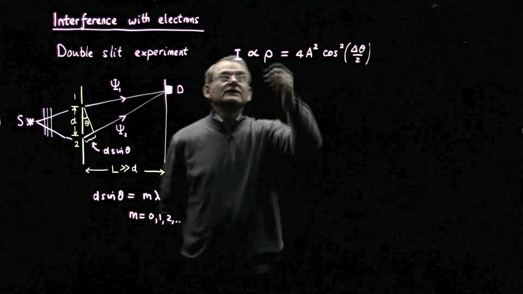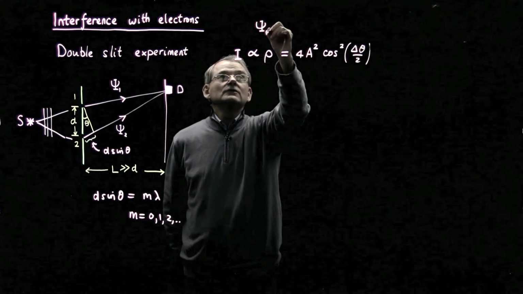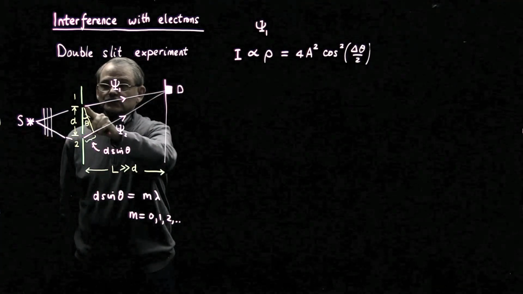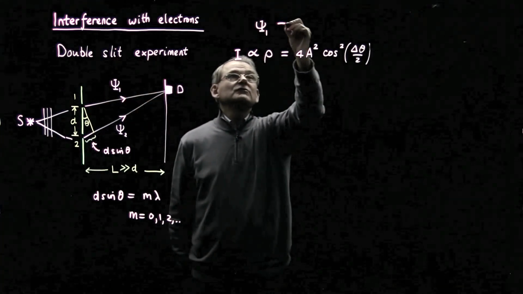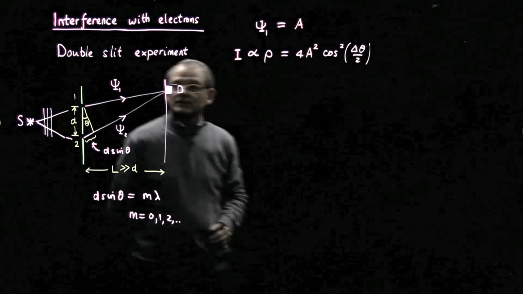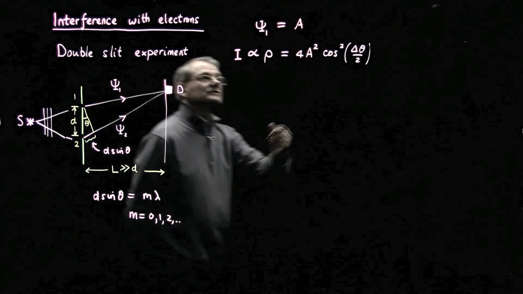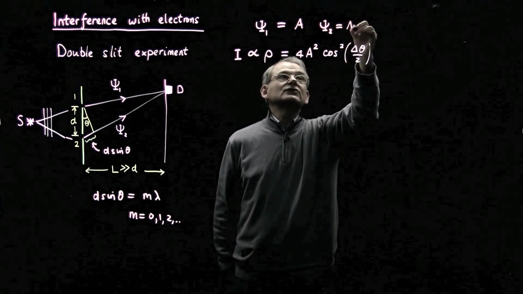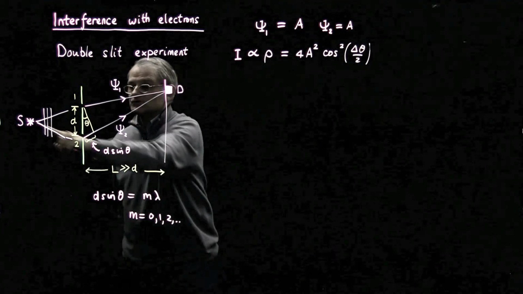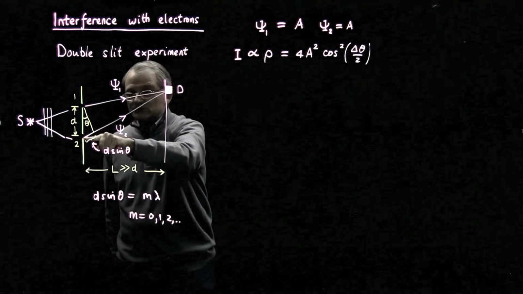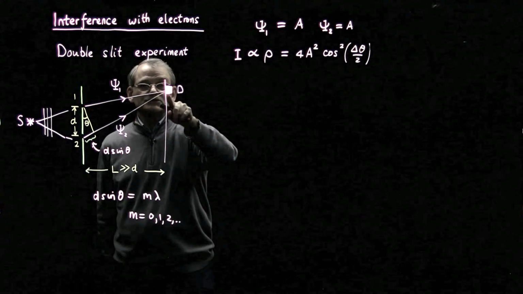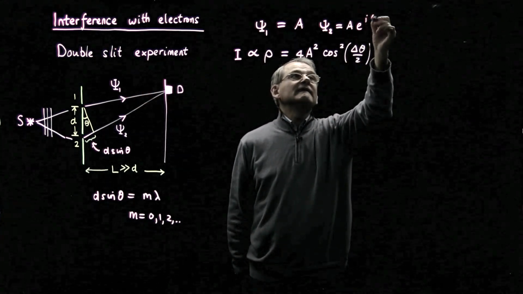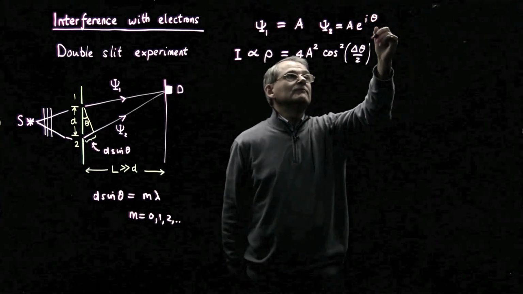Just to remind you, the first wave function, psi1, describing the electron traveling from the source through slit 1 to detector D, was given by A. The second wave function, which describes the electron having gone from the source through slit 2, having been equally split by slits 1 and 2 and then proceeding to the detector D, is given by A e to the i theta.